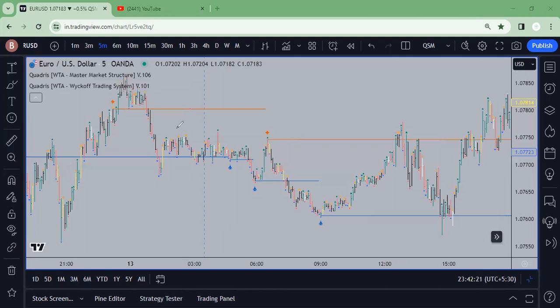Today I'm only using the tape reading toolkit, which is included in trading system 101. So without wasting any time, we will see how many trades we got today on the 5 minutes time frame.